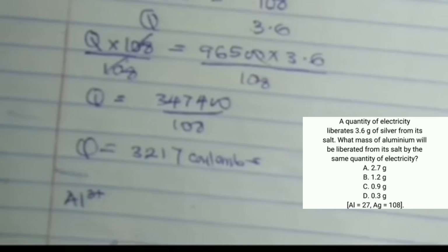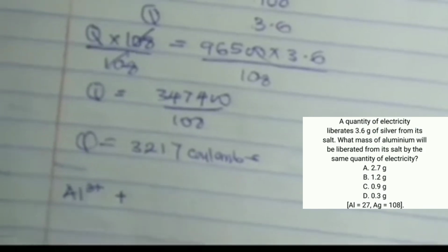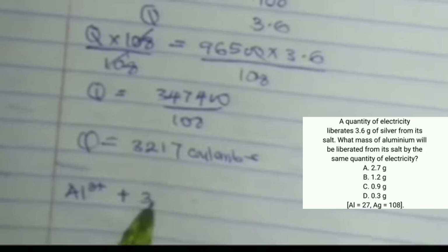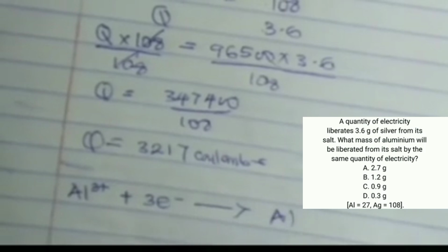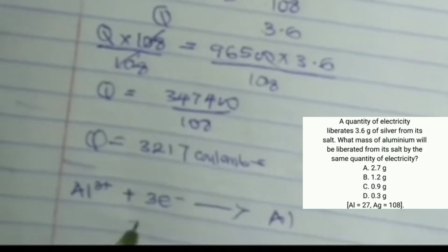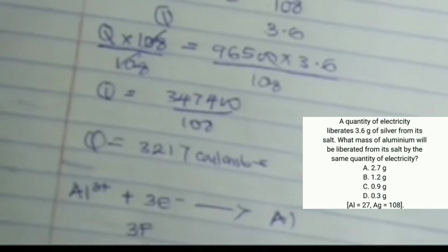I told you that the number of electrons it will take is equal to the number of charge it carries. So since it carries 3 charges now, that will be 3 electrons to give us our aluminum.